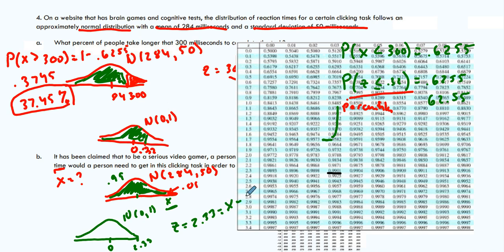X is what we're looking for. We would get that if we took x minus 284, divided by 50. And so now we're going to solve for x. So 2.33, we're going to multiply that by 50, and then add 284.